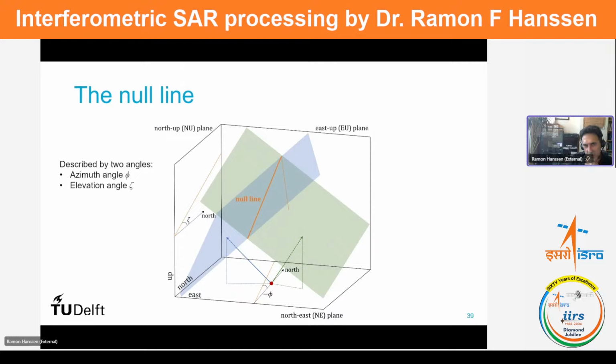The azimuth angle is what you see down here in the east-north plane, the dashed line in orange here, that is the azimuth angle, theta, and the elevation angle is seen here in the north-up plane as how steep the null line is. So these two parameters describe the null line.